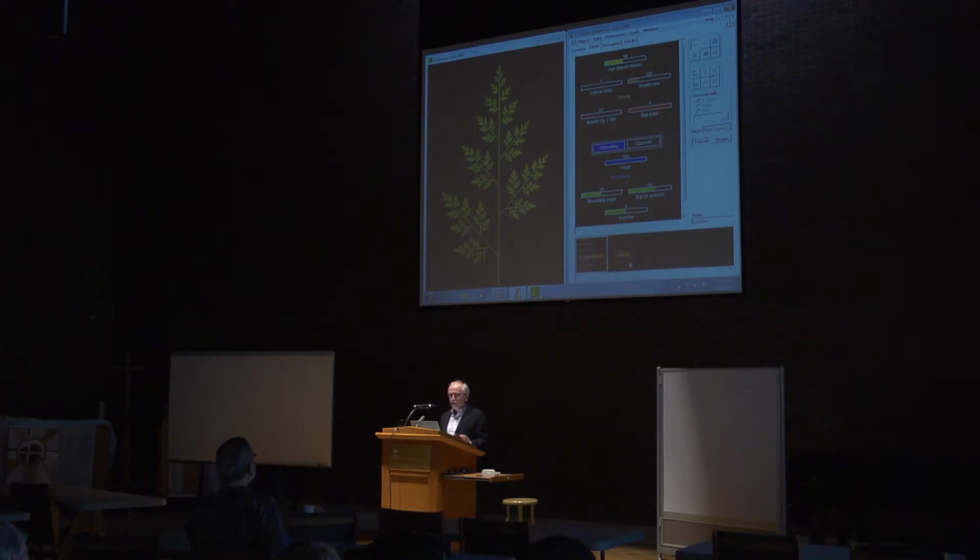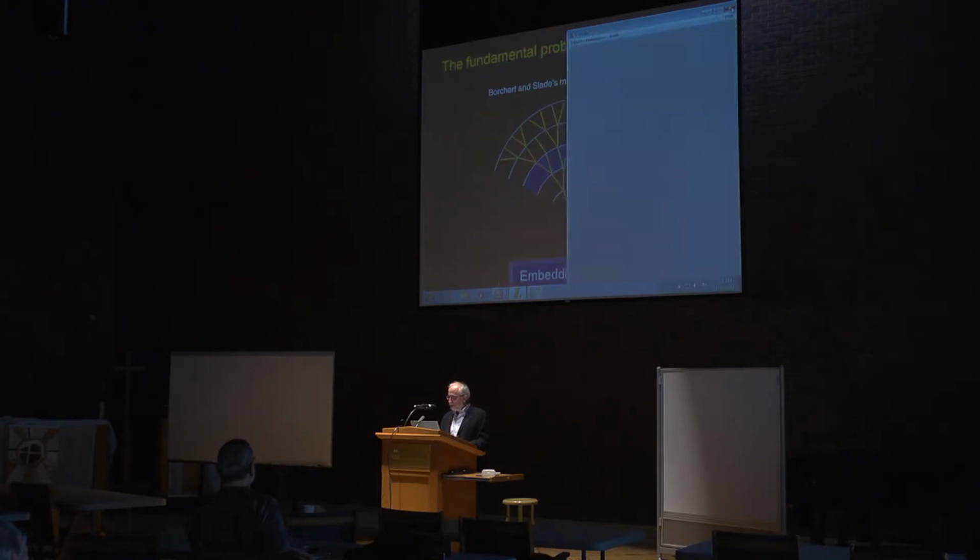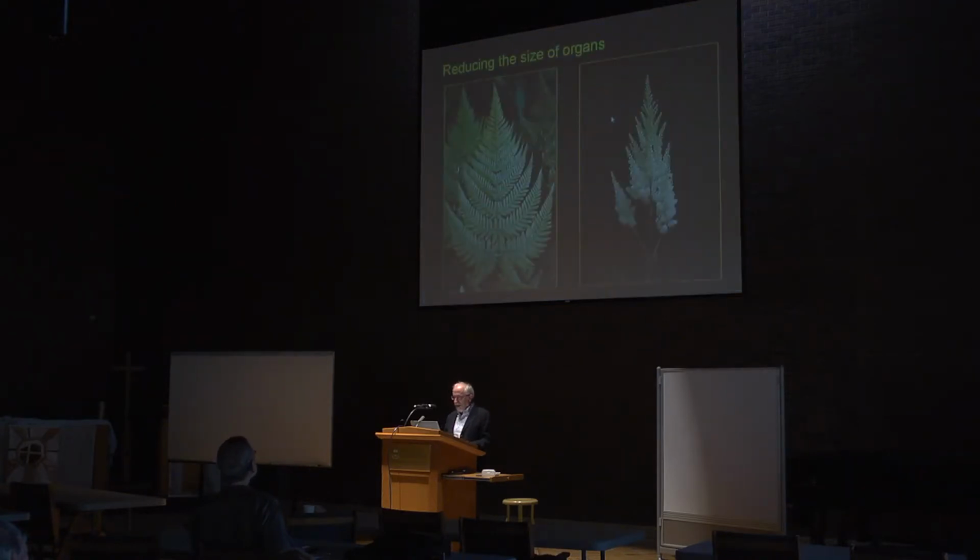So this looks very fractal and actually very much like many leaves, in particular in ferns, but it can also be seen in some inflorescences which have smaller and smaller organs as we go with time. And this is definitely also a viable strategy for dealing with this embedding problem.